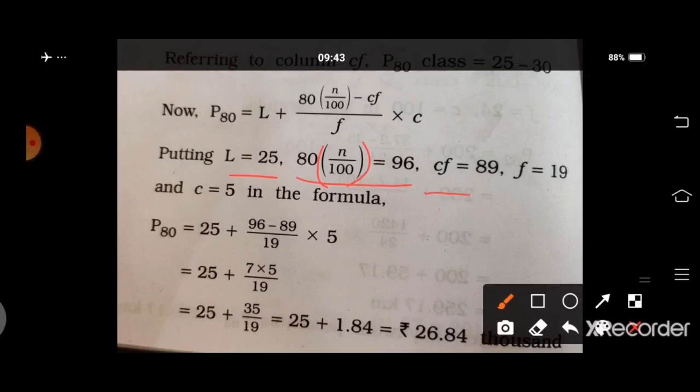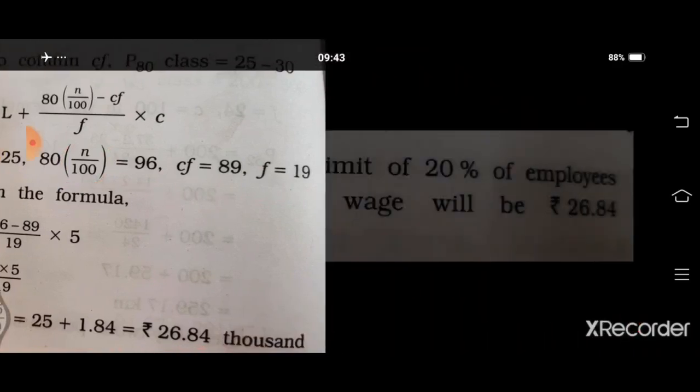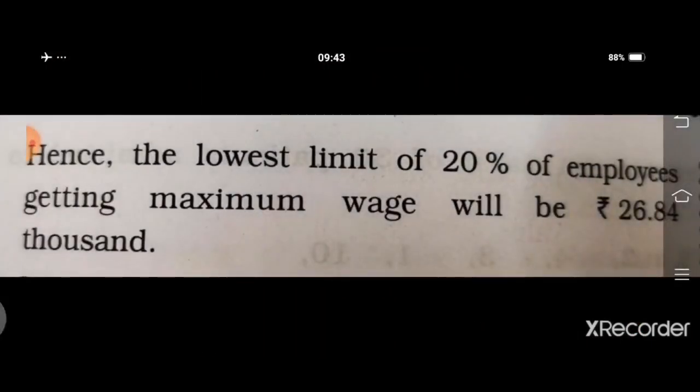CF equal to 89, F equal to 19. Put all values into the formula, then we will get here 26.84 in thousands. Hence the lower limit of the 20% of employees getting maximum wage will be 26.84 thousand.